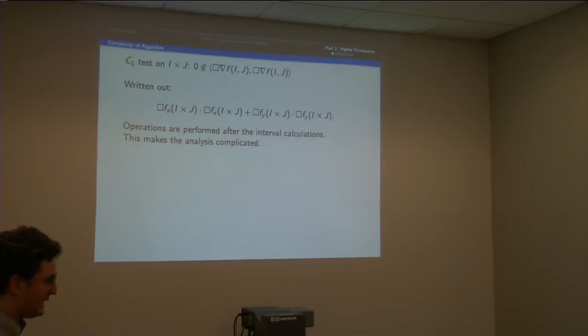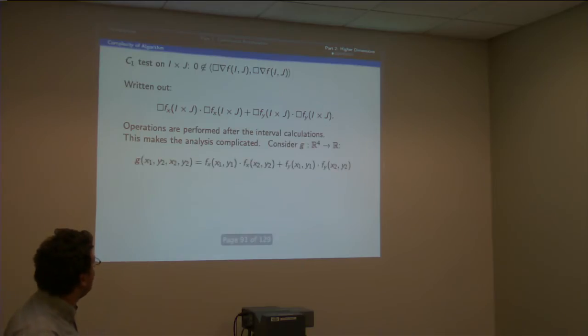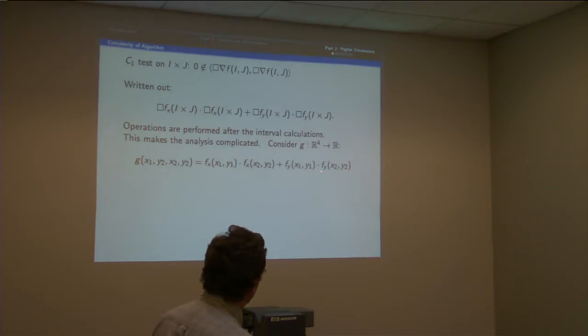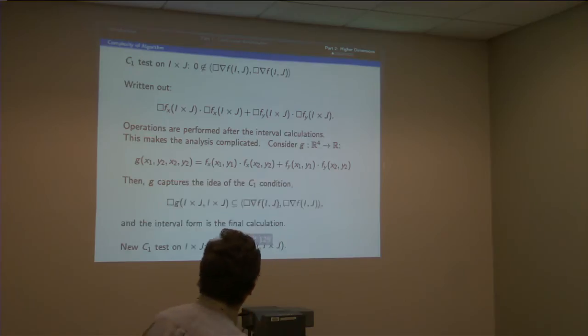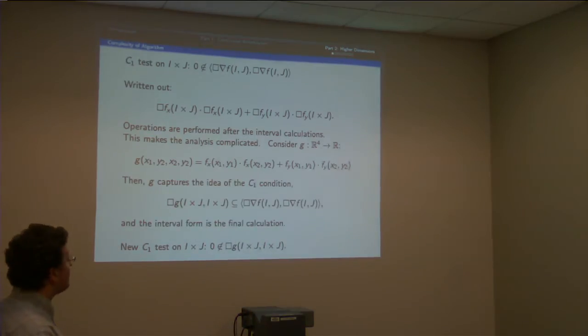So I'm going to have to replace this test by something that will still work in all their theorems, but is a little bit better for my purposes. So I'm going to deal with a four-dimensional function, instead of the two function, the 4-1. So it's just the gradient again, but there's no interval forms here. It still does the C1 condition, but I want to do the box form right at the very end.